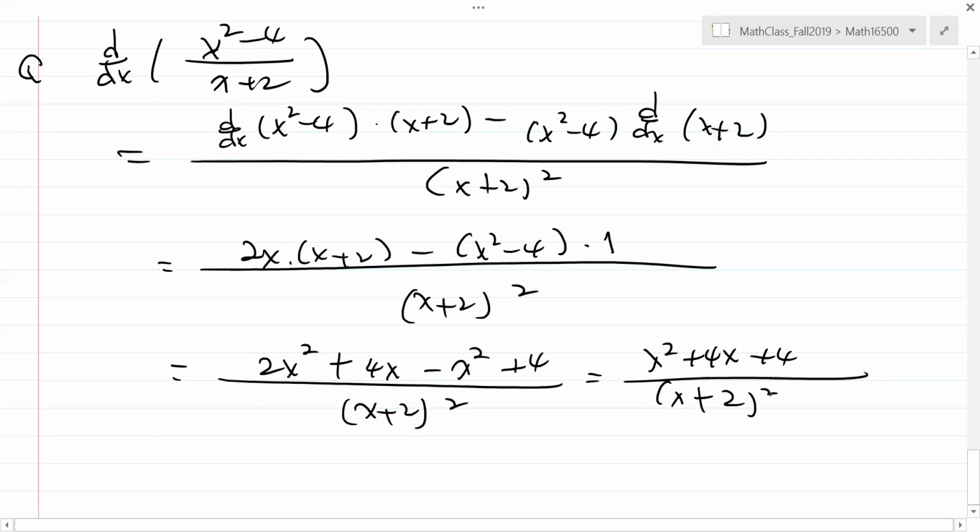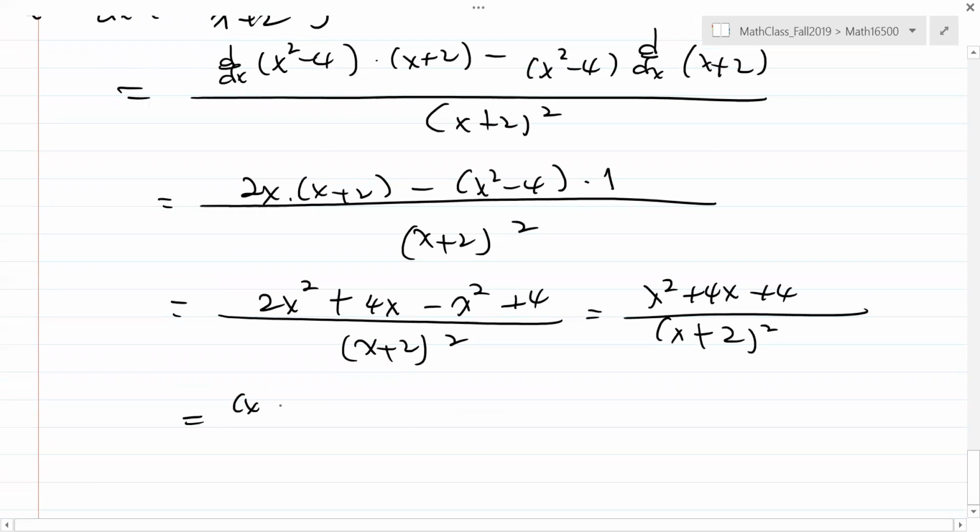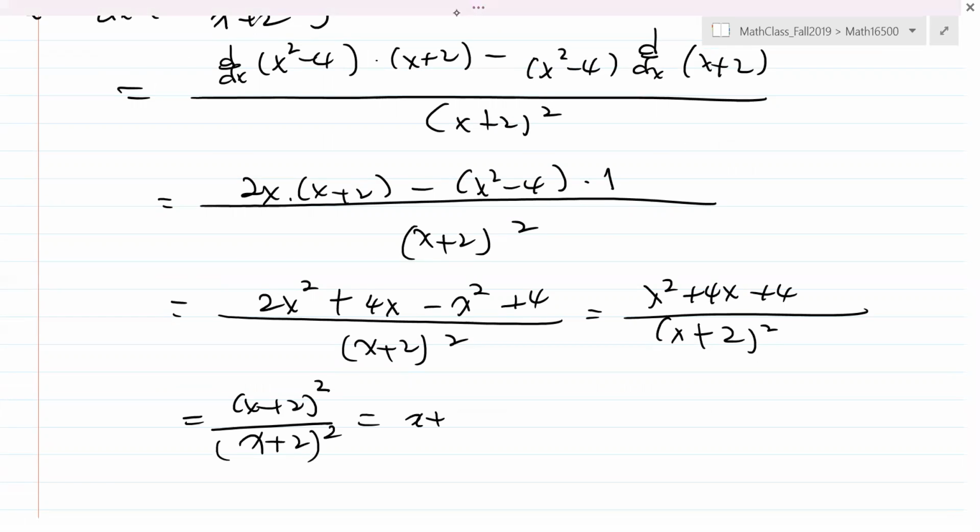But x squared plus 4x plus 4 is going to be (x plus 2) squared. We know that, right? So it's (x plus 2) squared over (x plus 2) squared, and you find out it's nothing but equal to 1.